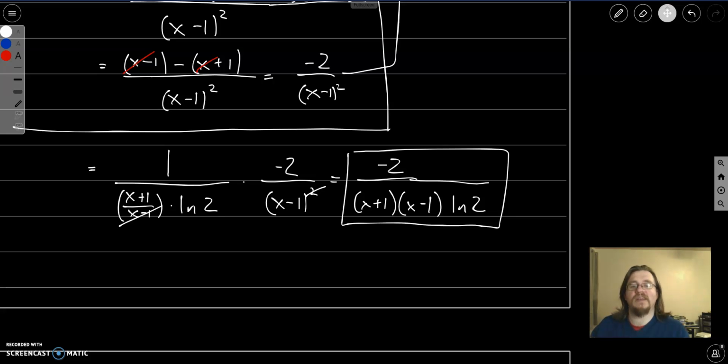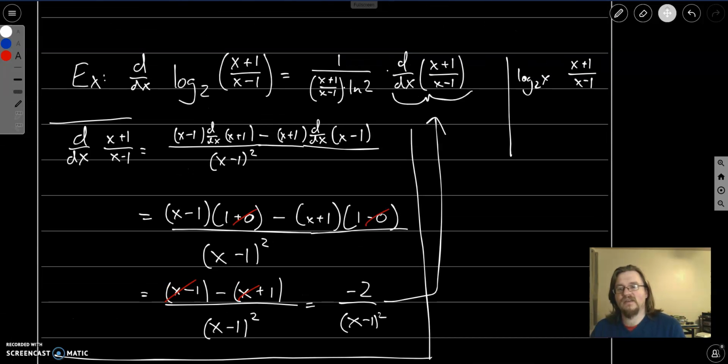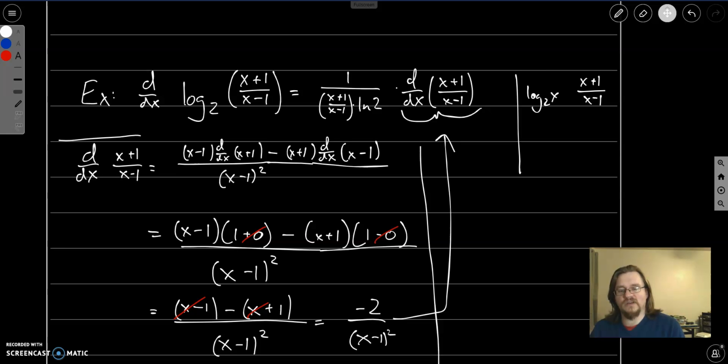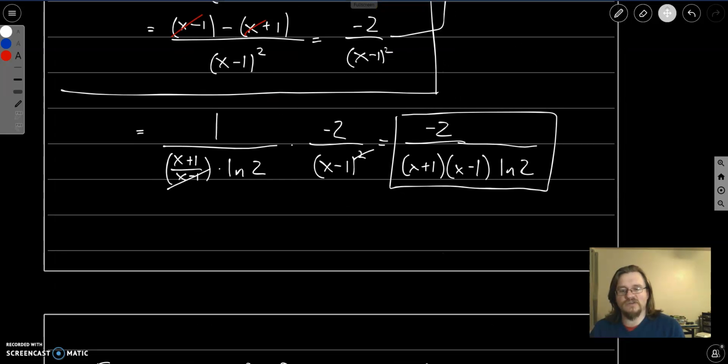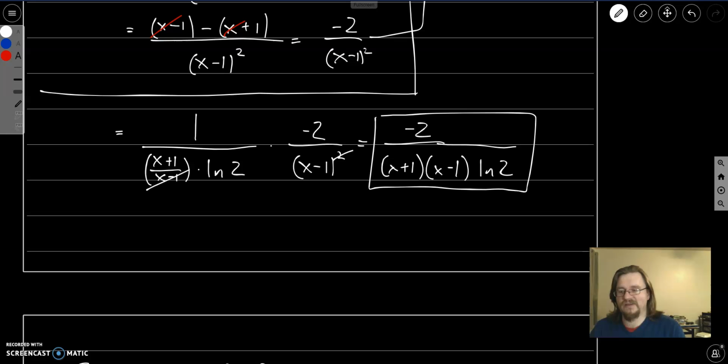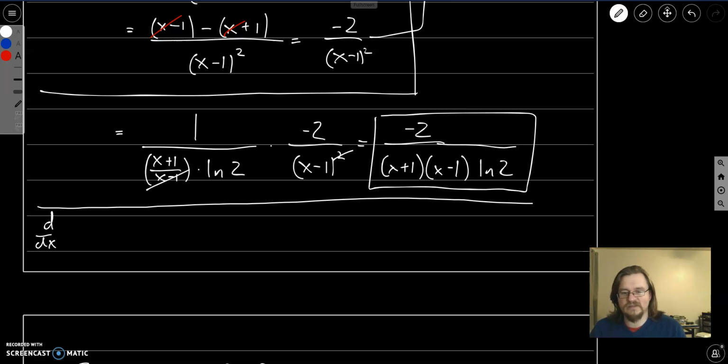And the one thing that I want to point out is that we did a lot more work than we actually needed to, because we know how logarithms work. So I'm going to show you the quick way to do this. So if I take the derivative, so let's see if I can fit this into one line. I probably won't be able to. I want to take log base 2 of x plus 1 over x minus 1.